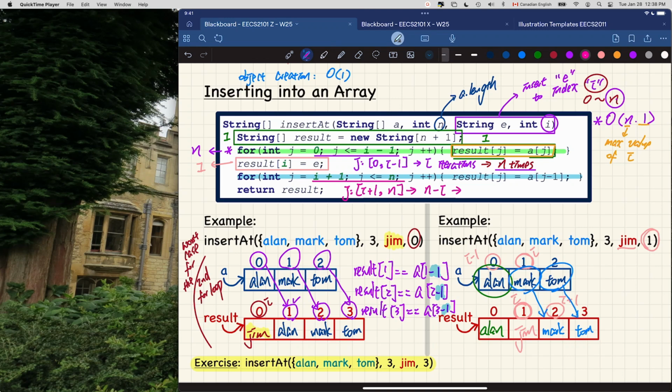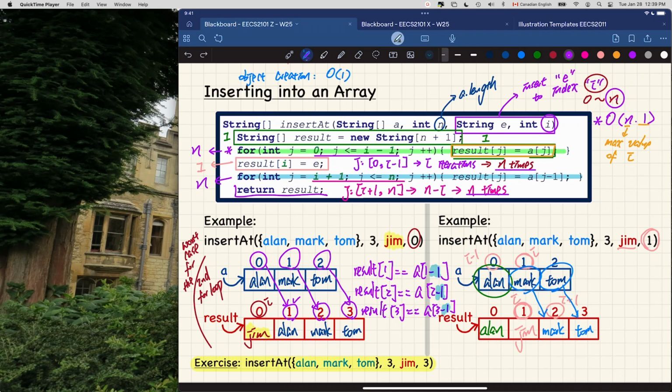So this will also be n times. Let's now do this one here. This will be just n. We got n iterations, and for each iteration, we just got a constant operation here. Finally, we got return, which will be just constant.